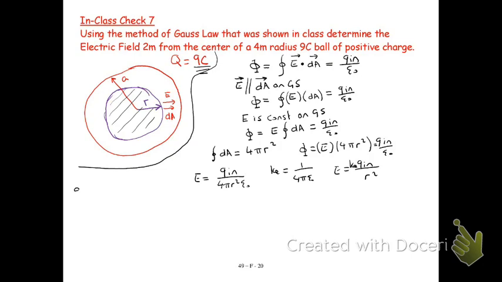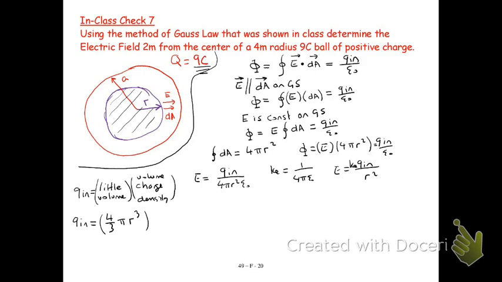So I say my Q inside is equal to my little volume multiplied by my volume charge density. The little volume is going to be 4/3 pi r cubed, and it's little r because it's to the Gaussian surface.